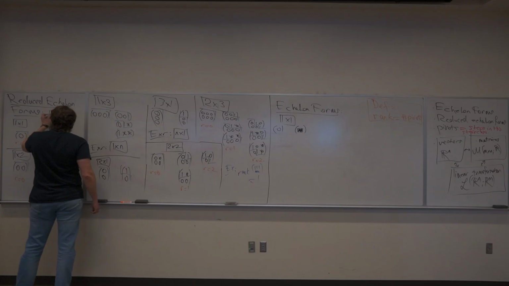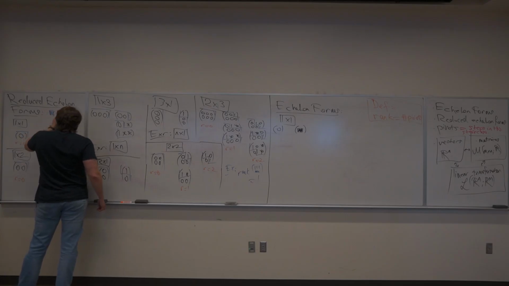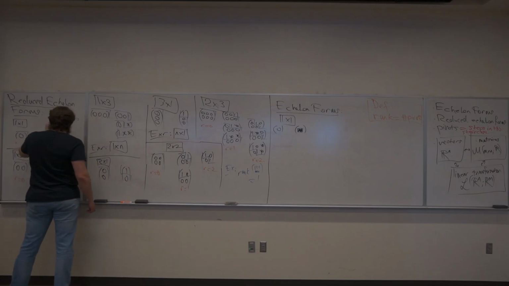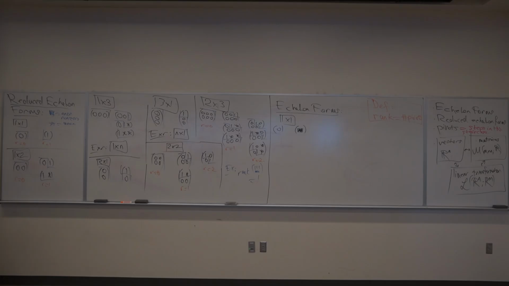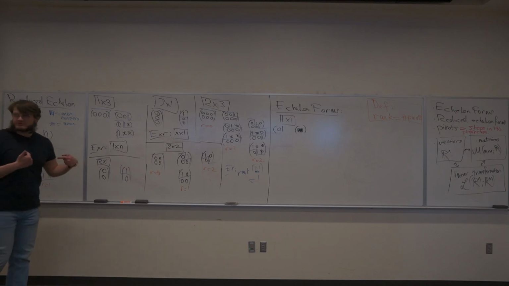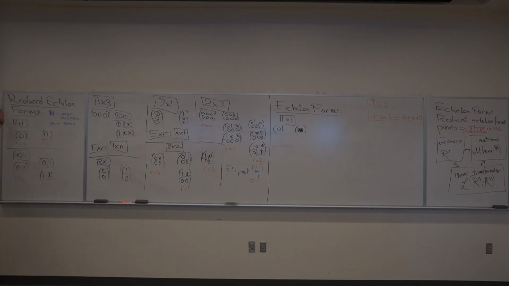So, box is non-zero, star is anonymous. Okay? Does this kind of make sense? Now, in practice, of course, it would probably go the other way around. In practice, you're probably not starting with a reduced echelon. You're starting with something that is more complicated.